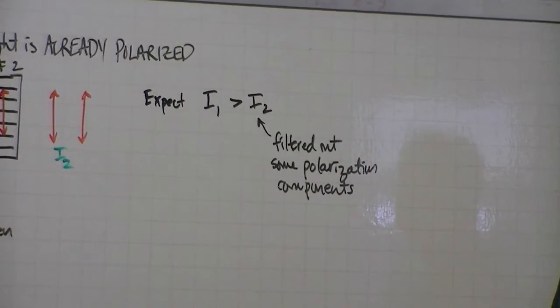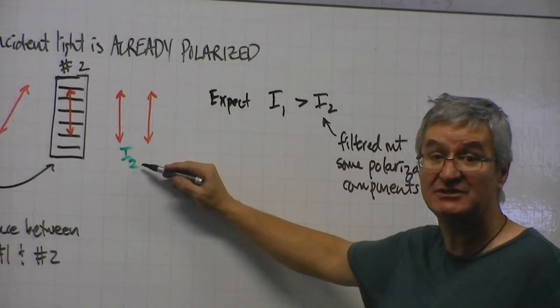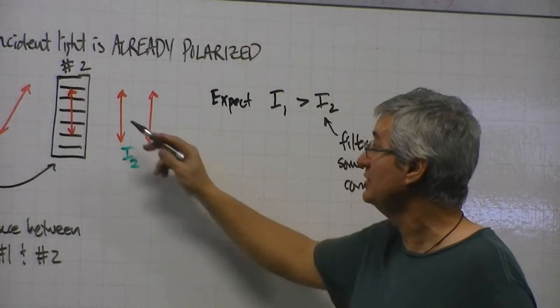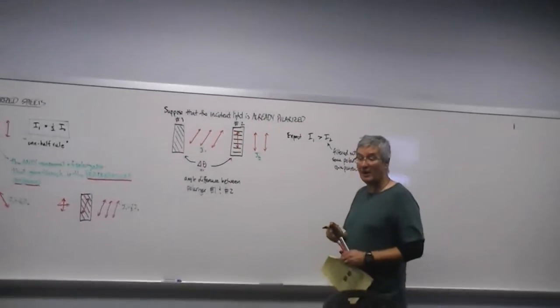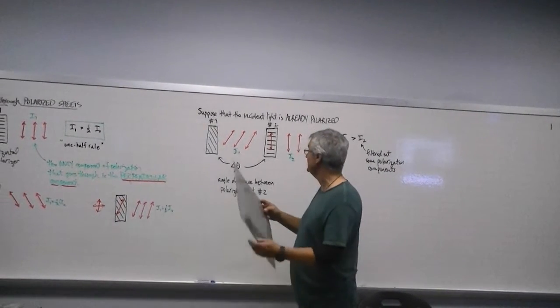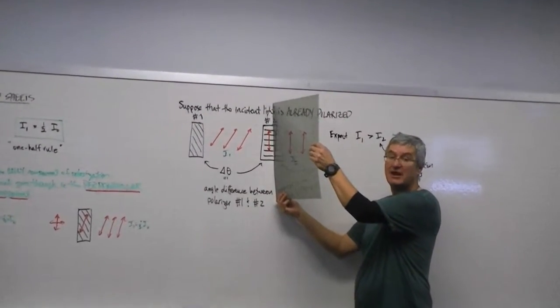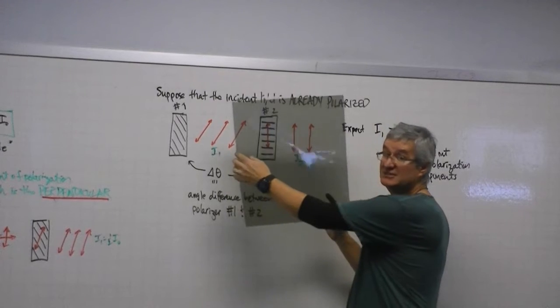Okay, so the question is, how do you determine how much intensity actually got decreased? So what I want to do here is redraw this polarizer. At this point, we're taking this polarizer and holding it like this, but the image that I want to look at is this polarizer looked at like this here.